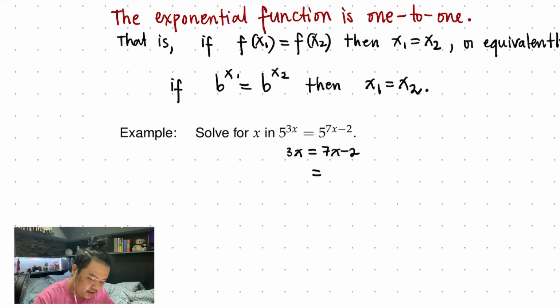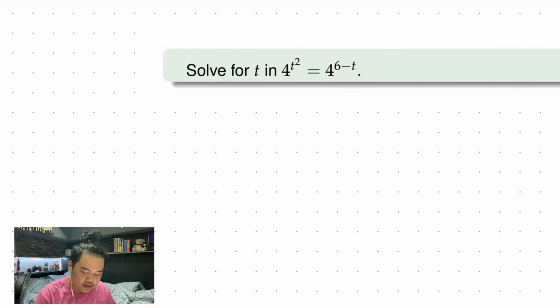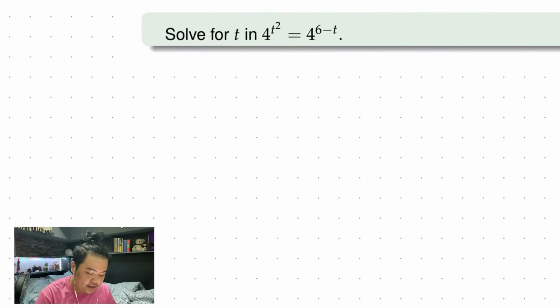And then we can easily solve this one. So, 7x minus 3x is equal to 2, or 4x is 2. Divide both sides by 4, or x is equal to 1/2. And lagi natin itong gagamitin to solve equations with exponential functions or exponential equations. Kung ano man ang tawag natin doon.